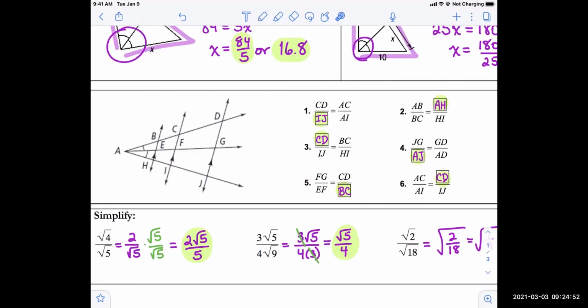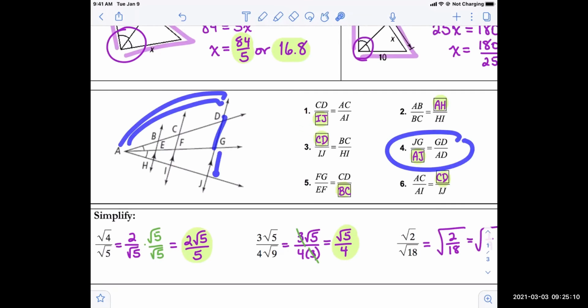Okay, how about, let me find one that, I don't know if I did. Yeah, so like this one, number 4, GD to AD is equal to JG. JG is over here, and then you need to use the entire side there.